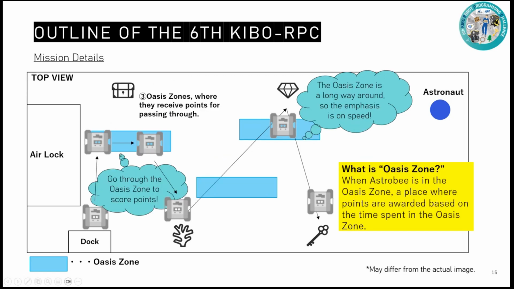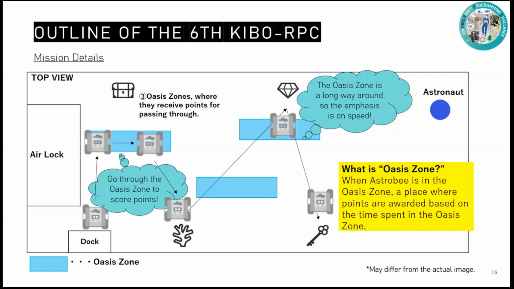As Astrobee patrols the areas, there is a designated oasis zone. You see it in blue on the screen. This oasis zone is within the station, and the participants are free to decide whether they pass through this zone or not. However, while Astrobee is inside the oasis zone, points will be awarded based on the duration of stay.